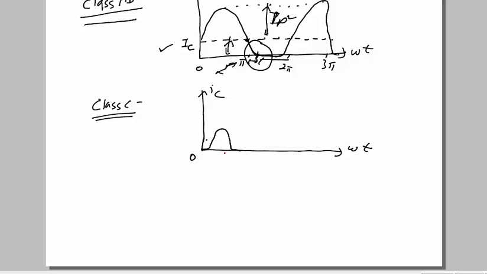So this is 0, this is pi, this is 2 pi, this is 3 pi. In a class C stage the transistor conducts for an interval shorter than a half cycle. Thus the conduction angle is less than 180 degrees.